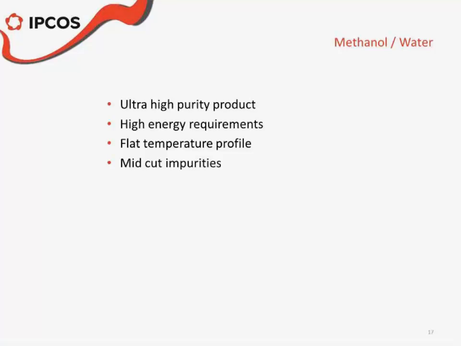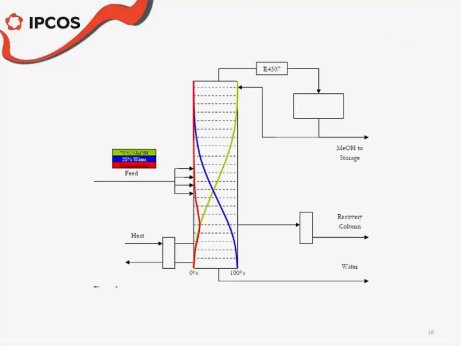The impurities in this system are typically heavier alcohols like ethanol or propanol. Those alcohols are, of course, heavier than methanol, but lighter than water. So that's why they become mid-cut impurities, and you need to get rid of them before they build up in your system.